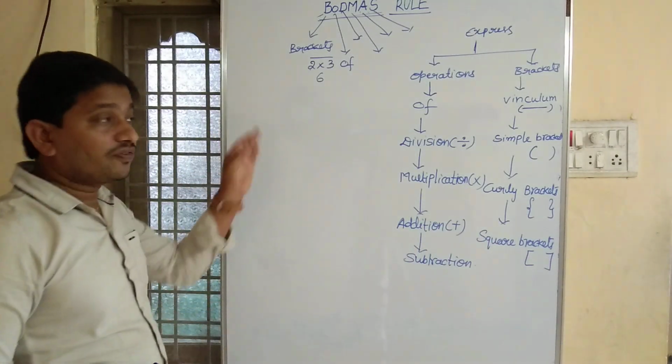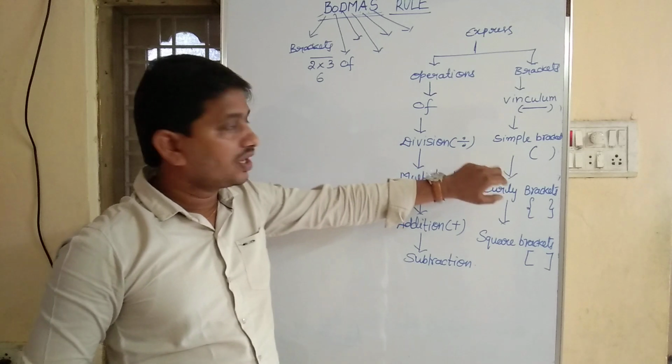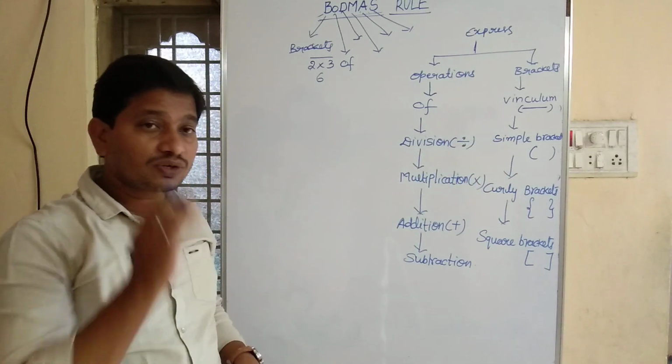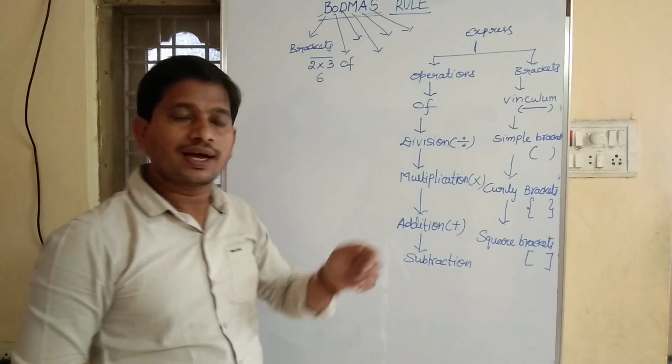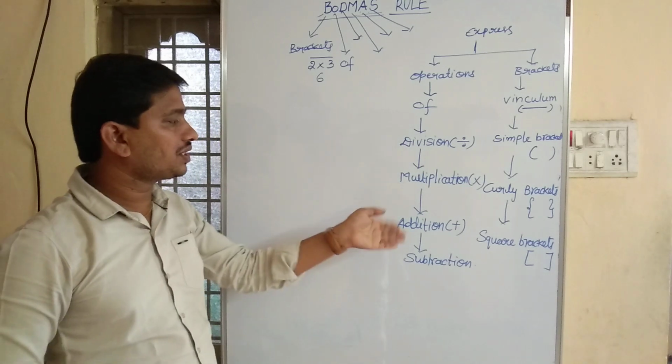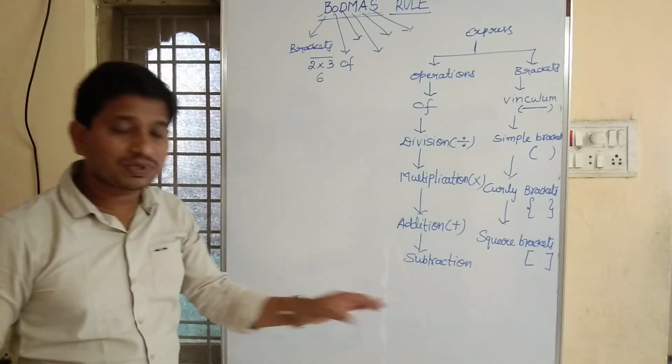As the first priority goes to brackets, if any brackets are involved in the arithmetic expression, first priority goes to brackets, and then of, then division, then multiplication, then addition, then subtraction.